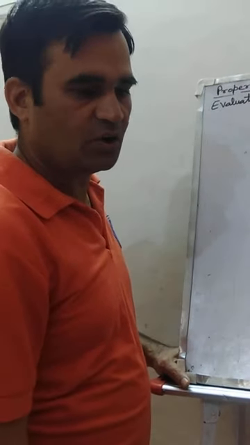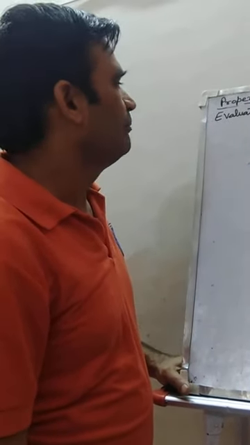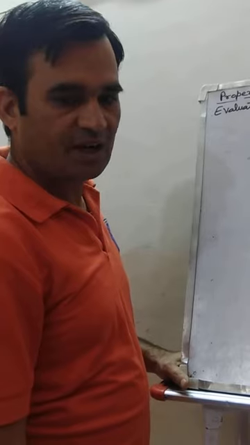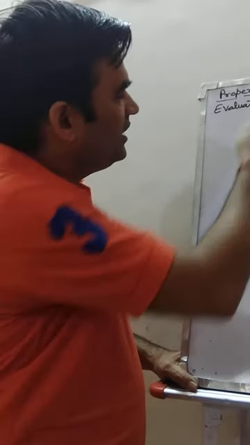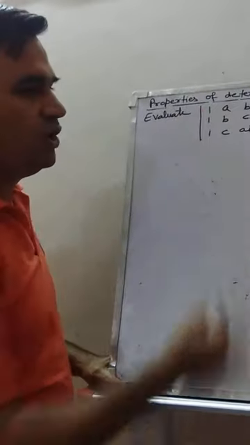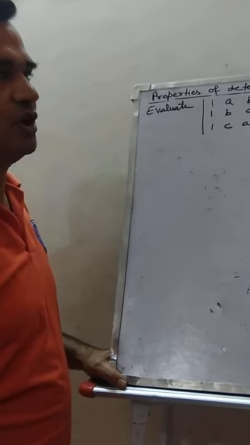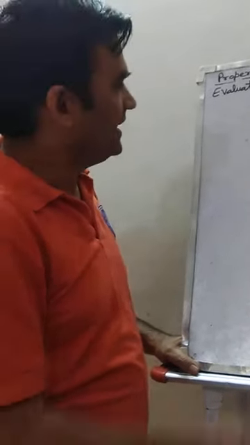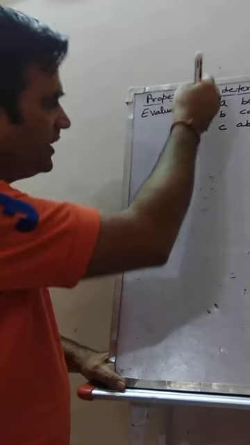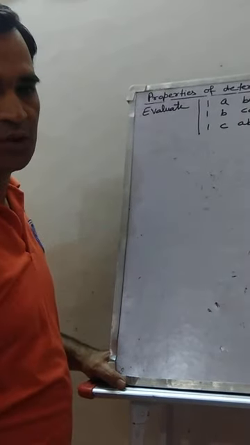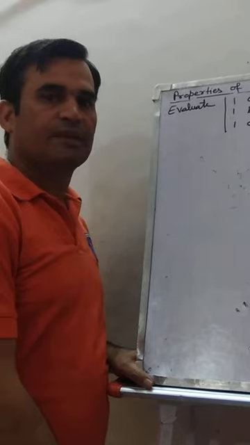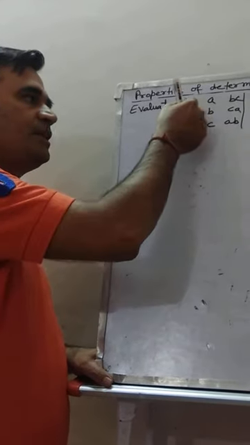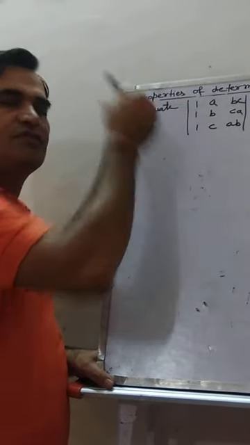It depends on the problem. But our objective is, if we can convert all the elements of any row or column to 1 1 1, then the question will be easier. As in this question, these elements are already 1 1 1. So what I am going to do here, I'll make two elements of C1 as 0.